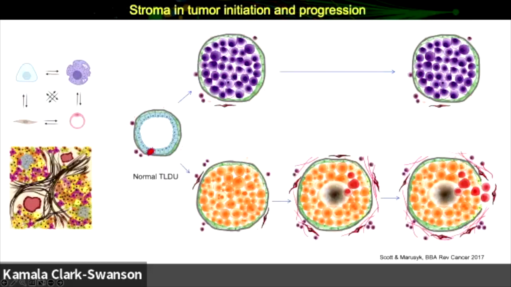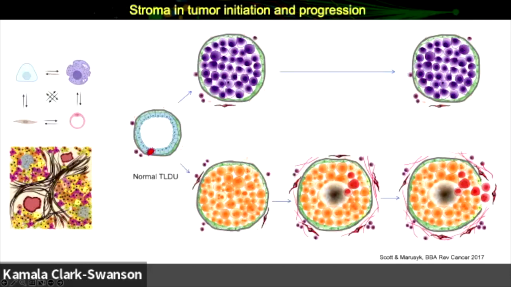One more additional thing I wanted to go through is the interplay between tumor cells and stroma during cancer initiation and development. It's all about the interaction between tumor cells, epithelial cells and stroma.